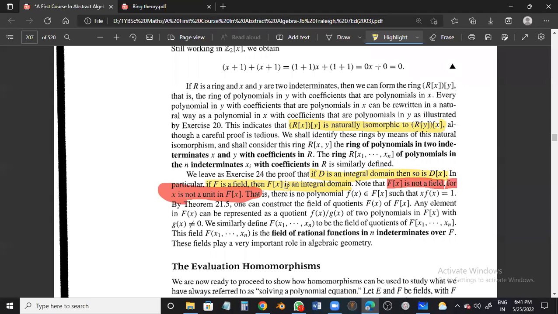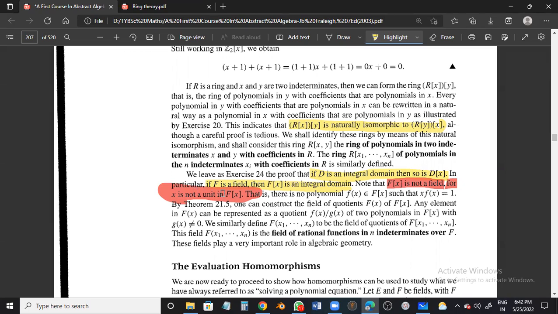F of x, will it be a field? If f is field, do you think f of x will be a field? For that, you can see this red mark. F of x is not a field because x is not a unit in f of x. X is not a unit, means x has no inverse in f of x, because field requires inverse for every element.